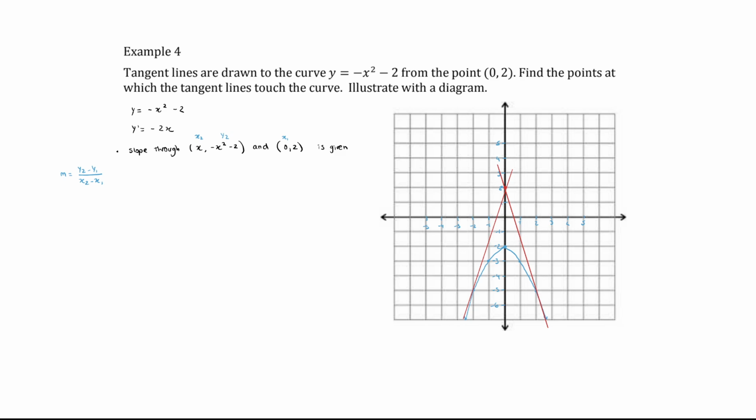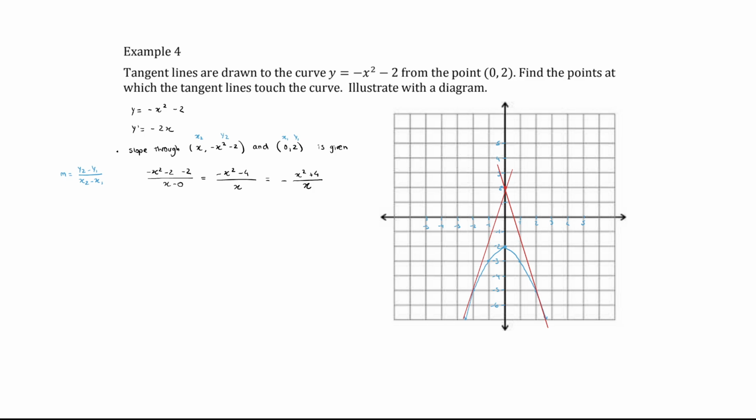So putting this all together, the slope is going to be given by negative x squared minus 2 minus 2, that's going to be our y2, over x minus 0. So here, simplifying, we have negative x squared minus 4 over x, or again, just factoring out a negative, x squared plus 4 over x with that negative in front.